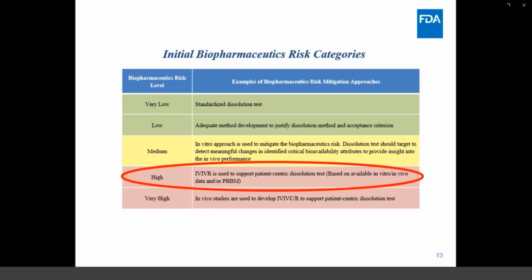The next risk is high, and I've circled this here because this is where there is an impact to bioavailability, and we would expect that an in vitro in vivo relationship is used to support patient-centric dissolution tests, and this could be based on in vitro in vivo data and/or PBBM, as our focus is here. For the very high risk, we would want in vivo studies to develop an IVIVC or IVIVR to support this patient-centric dissolution test.